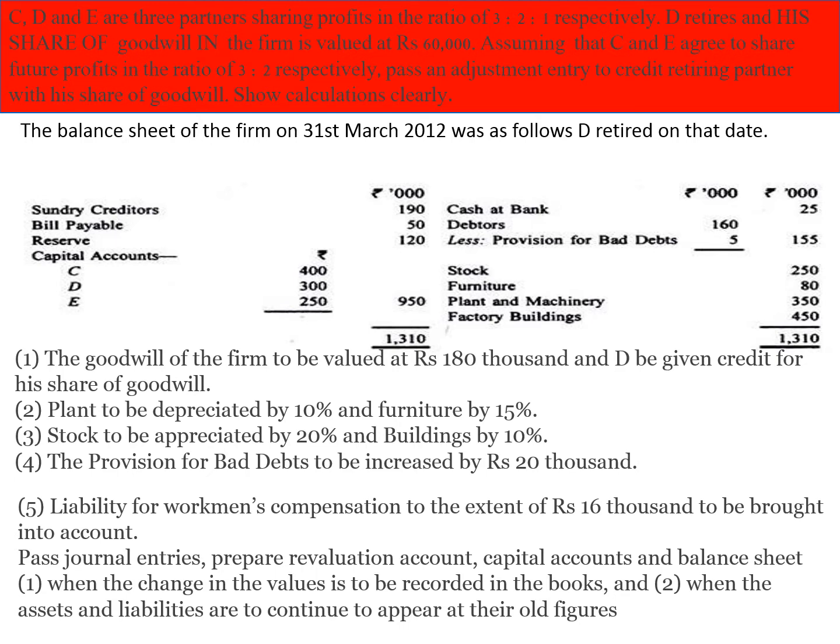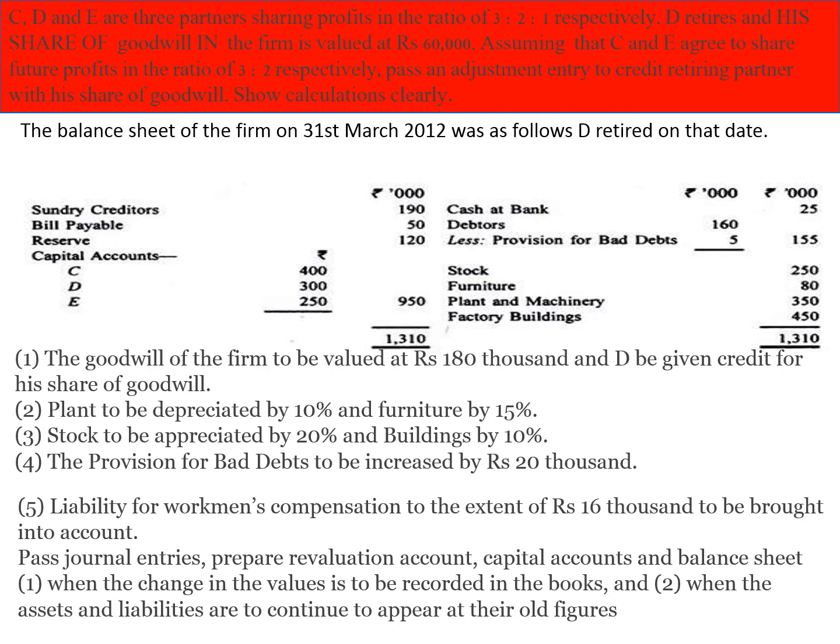Then we have to prepare the partners' capital account. In the partners' capital account, by balance b/d, C 4 lakh, D 3 lakh, E 2 lakh 50,000. By reserve, C 60,000, D 40,000, E 20,000.